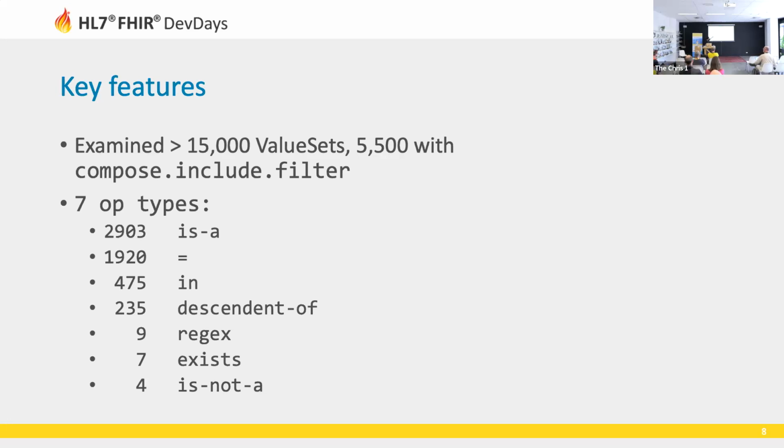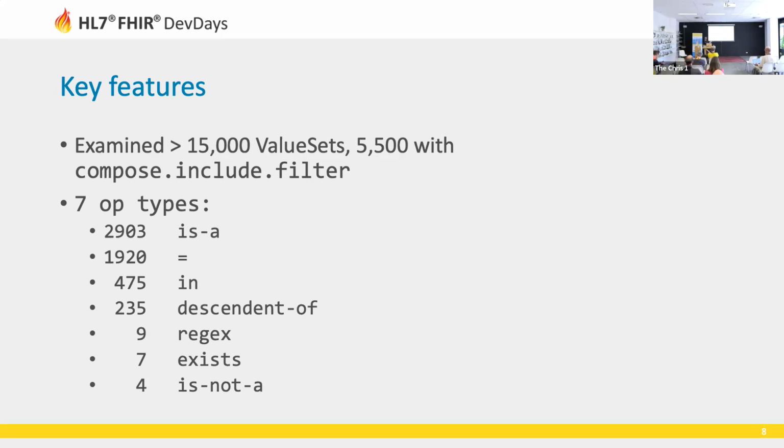So this is attribute has a value in a list of codes. So it's just a slightly simpler way of doing this. More hierarchy traversal, and then some outliers. So regex on codes, which is for some code systems a way of doing hierarchy traversal. Hello ICD.